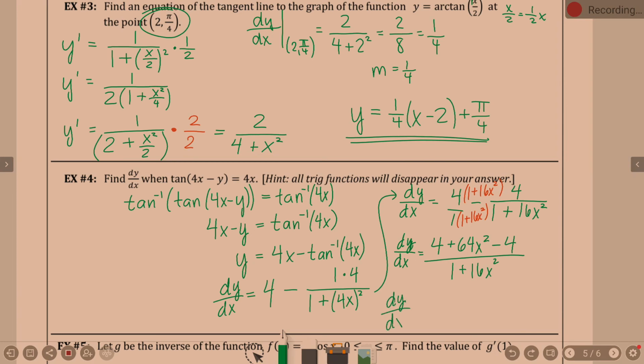Fours obviously cancel on top. 64x squared over 1 plus 16x squared. And yay, we met our final answer. I met my answer in my notes here. What am I doing?